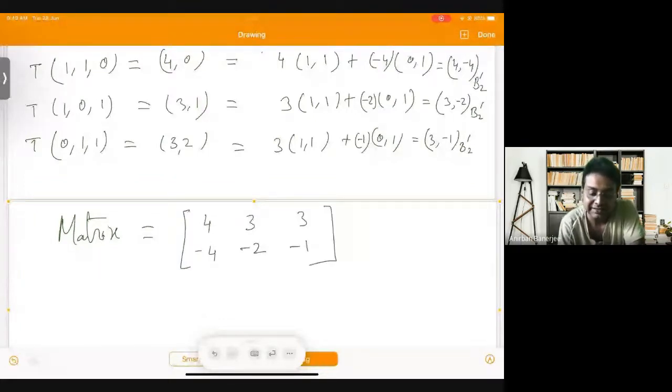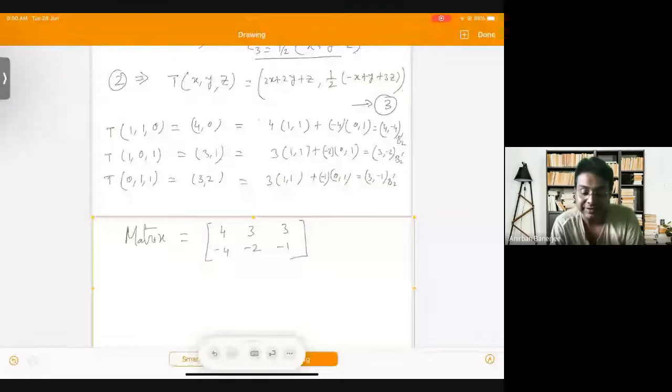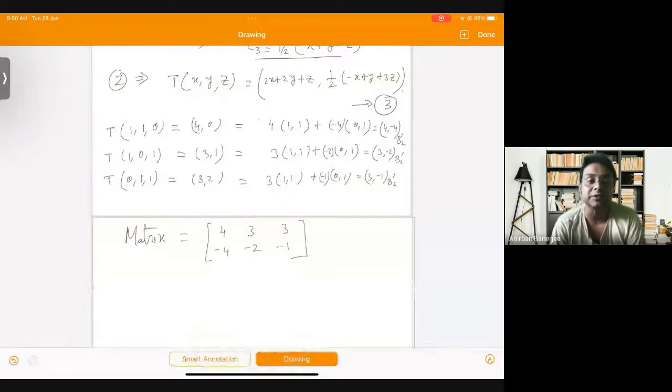This is the same linear transformation T represented by this matrix, but this matrix is applied when the left hand side vector is represented by coordinate system B3 prime, and it will give you a vector in R2, but the coordinate system will be with respect to B2 prime.